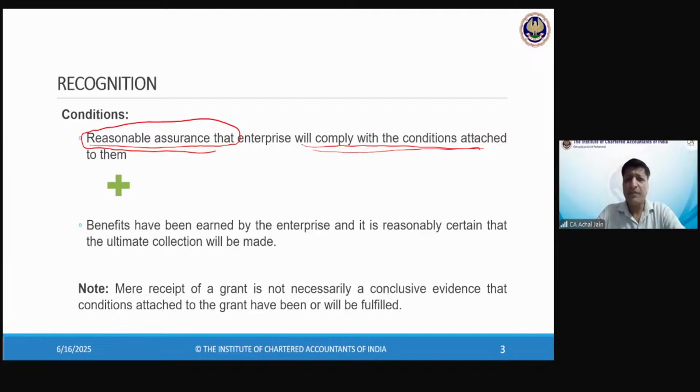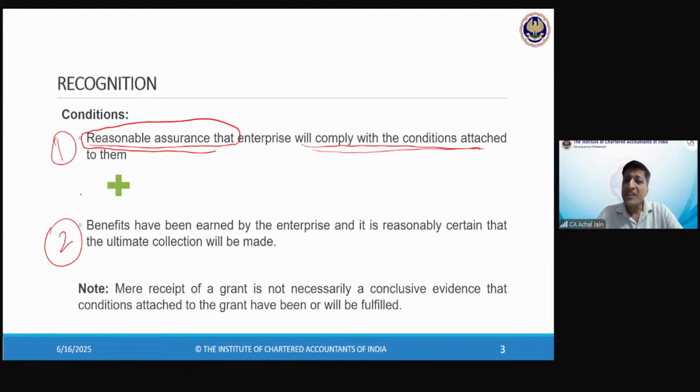Means eventually the grant which has to be provided, that will be received by the entity. So only and only when both the criteria are fulfilled, okay, both of these, government grant can be recognized, otherwise no.